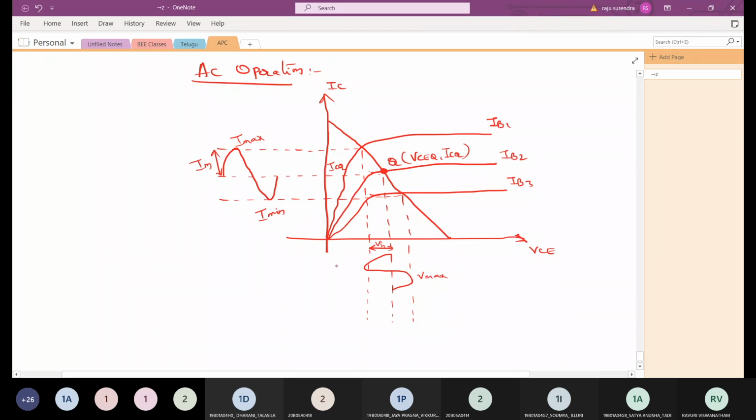All of you, please draw this diagram. Please make it fast.